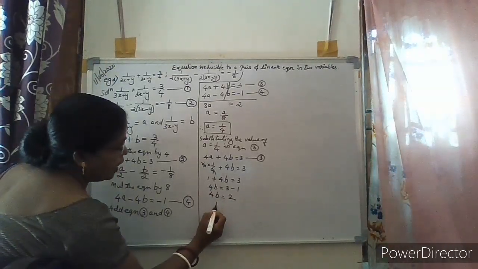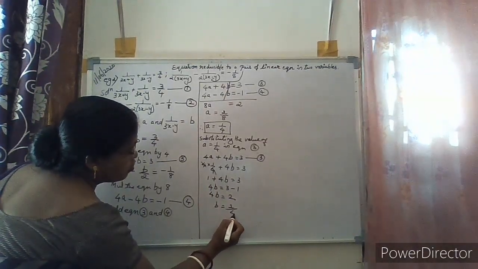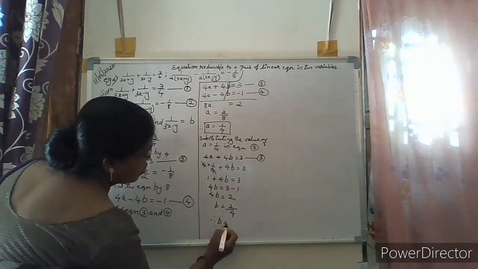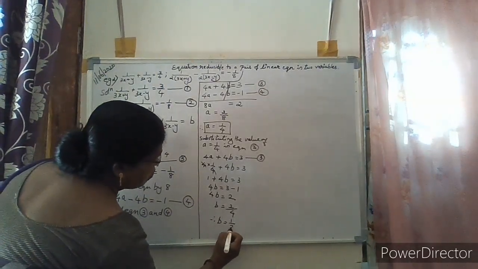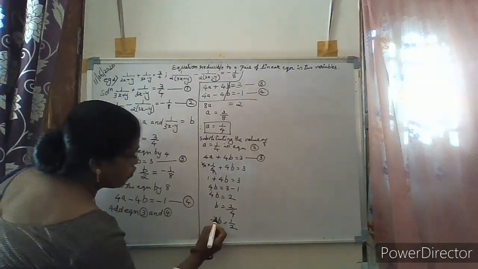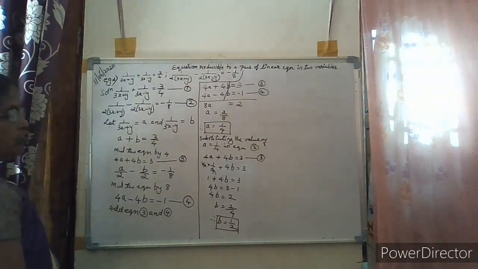Now b is equal to 2 by 4. So therefore b is equal to 1 by 2. 2 ones are 2, 2 twos are 4. So we got b value equal to 1 by 2.